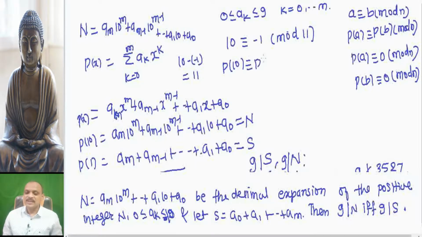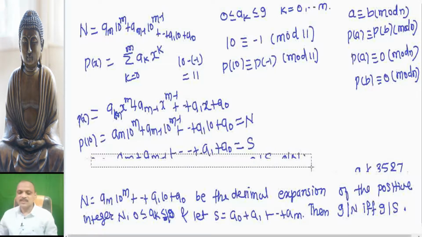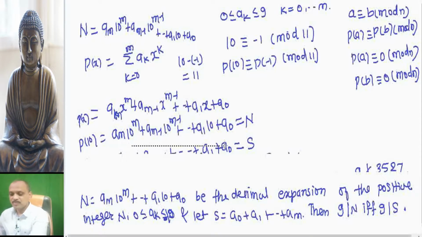Then p of 10 is congruent to p of minus 1 modulo 11. P of 10 is known to us, which we have already calculated. P of 10 is nothing but capital N, and let us calculate the value of p of minus 1.